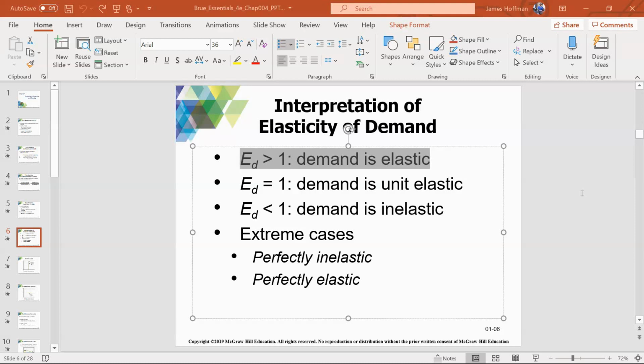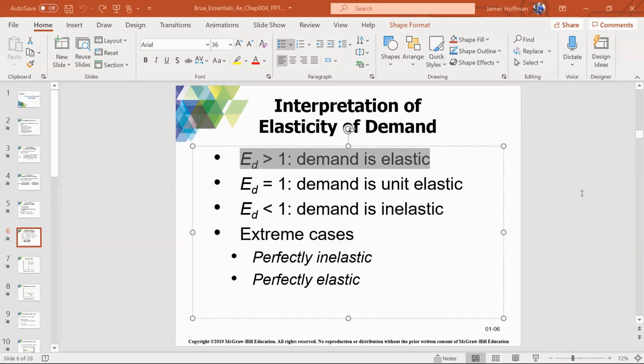So the price elasticity of demand changes along a demand curve. That means the responsiveness depends on where you are on the demand curve, and this will make sense when you look at the calculations. There are different regions of the demand curve which are elastic, and different regions which are inelastic.